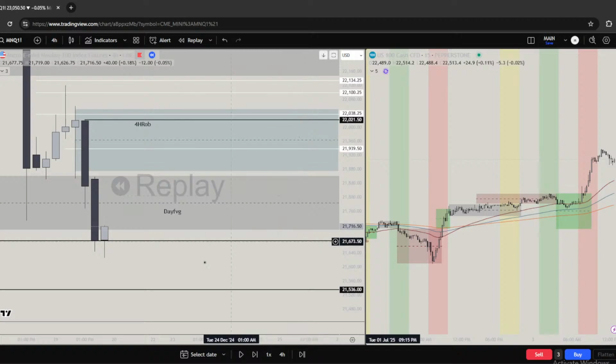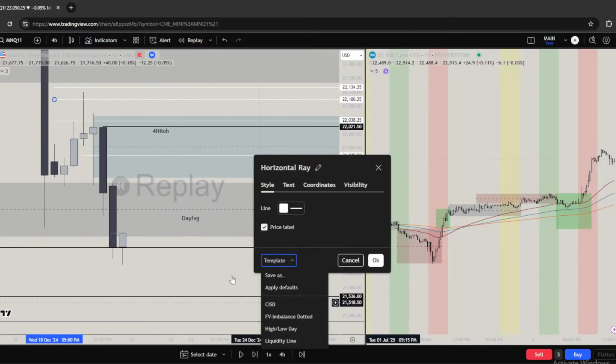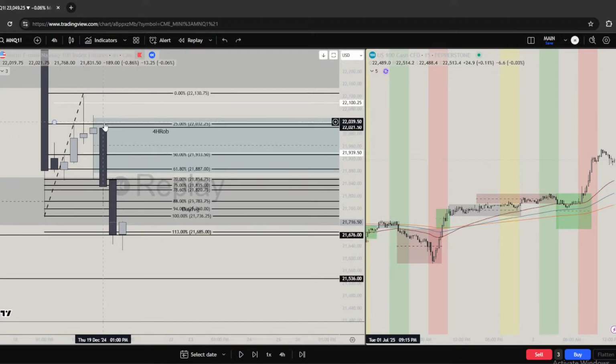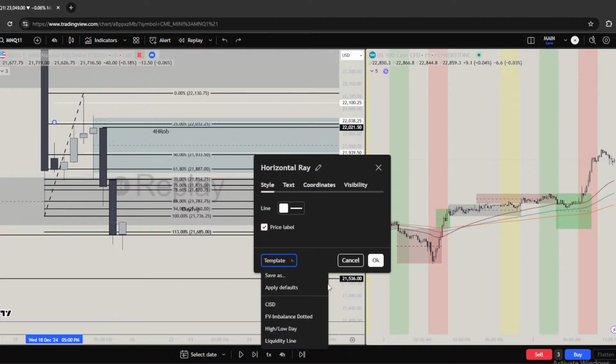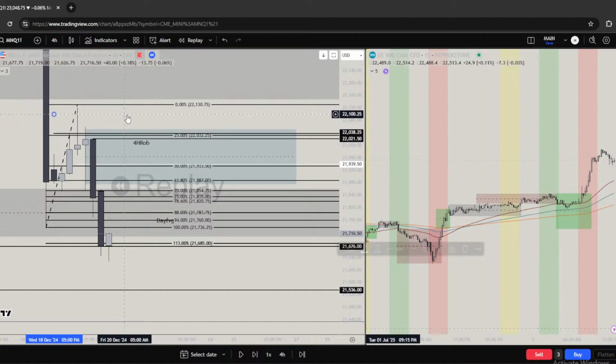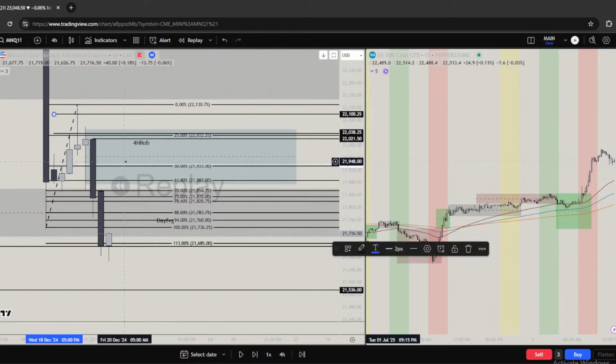Did I mark it on? Hold on, let me run that again. Then these are gonna be my take profits. I'm working on using my fib to tell me what my take profits are as well, so I'm gonna try that out today.